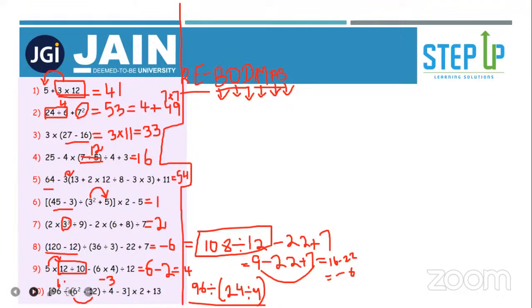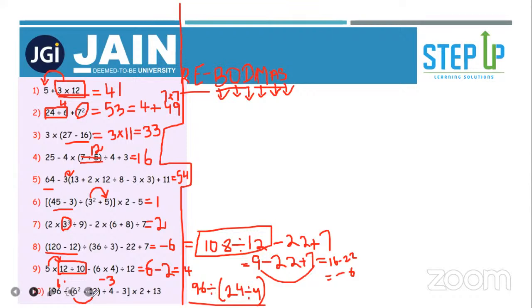6 into 6, 36. 36 minus 12 into 2, 24. Next step: 96 divided by 24. What is 96 divided by 24?